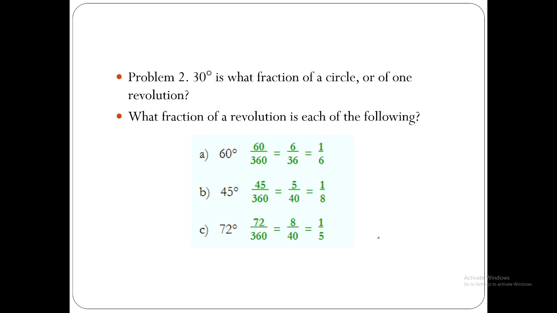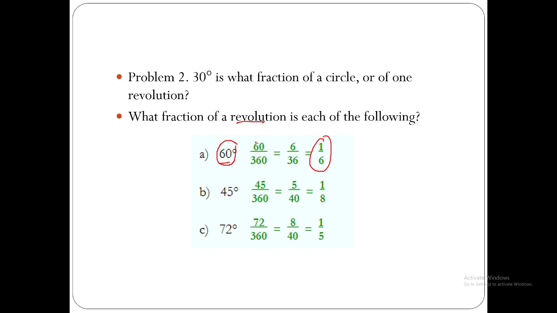Okay. Now, in problem number 2, 30 degrees is what fraction of a circle or of one revolution? This is how you solve it. In 60 degrees, for example, what fraction of a revolution is each of the following? So 60 degrees, you divide it by 360, which is one revolution, that's 1/6.